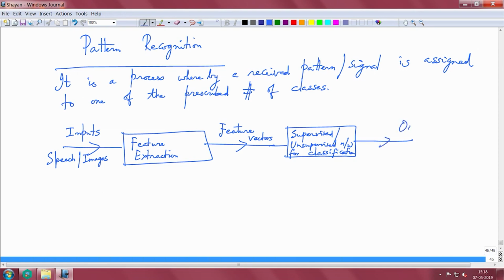And then you have outputs. So, going slightly deeper, what is happening here?